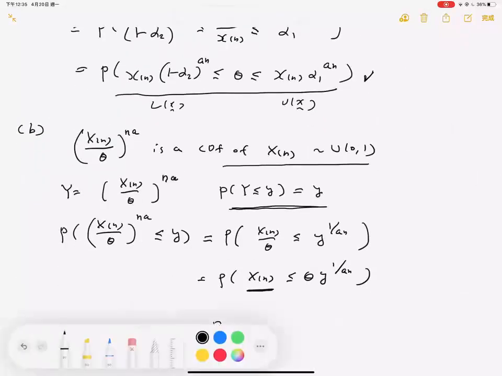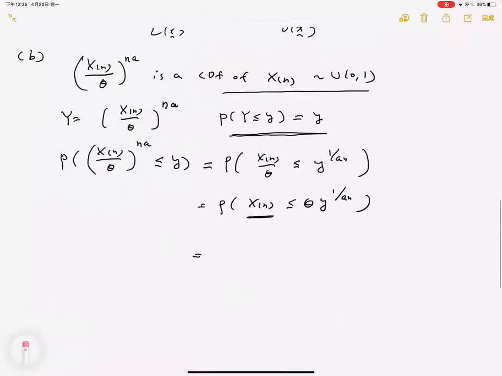So this probability equals to, you plug in, say, this theta. Then you plug in, this guy is little x, right? Right here. You plug in where x is right here. That's so-called xn's CDF. And you'll find out what? Cancel, y 1 over an times an becomes y.